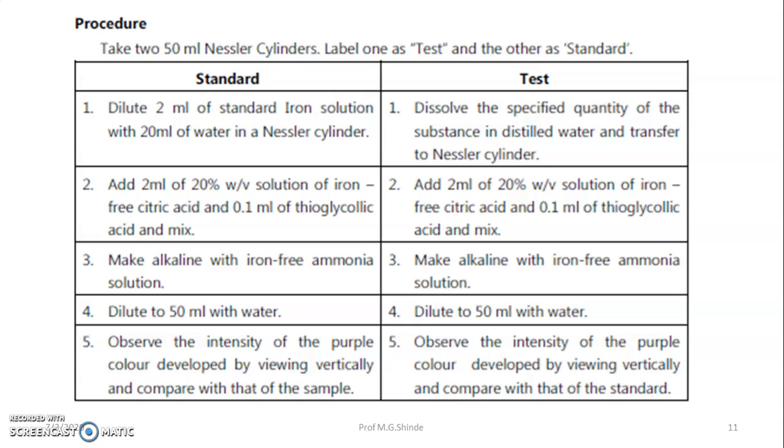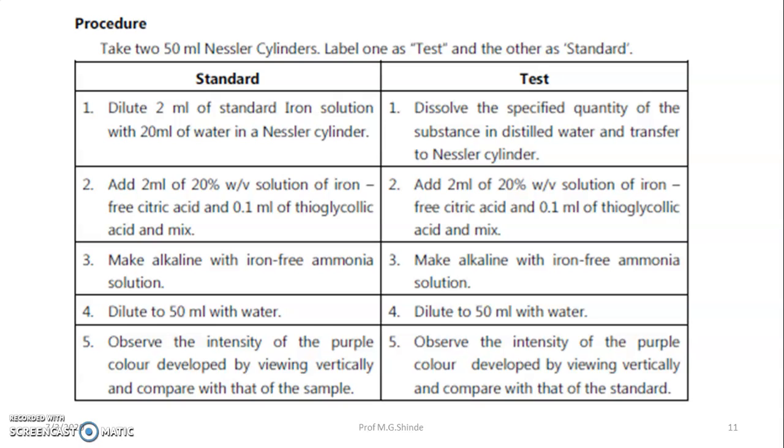If the intensity of the purple or violet color developed in the test sample is less as compared to the standard, we can say that the test sample passes the limit test for iron. Vice versa. We have to note that whenever we observe and compare the intensity of the purple color with the standard, we have to observe it against a white background.